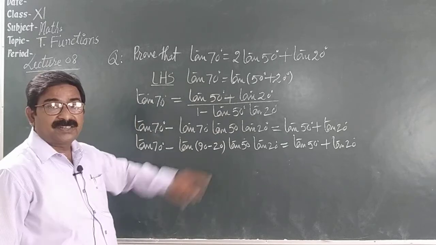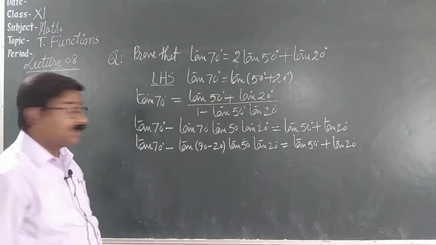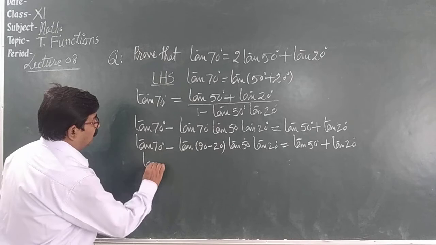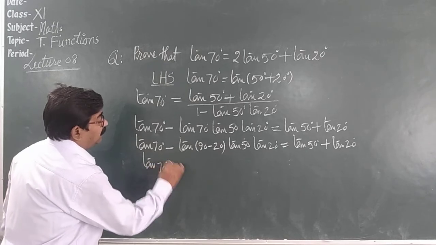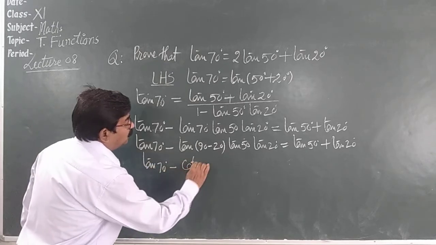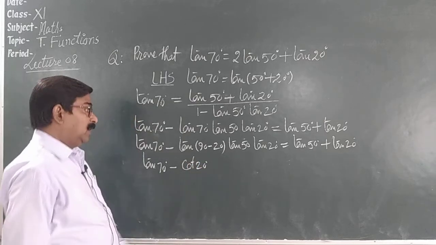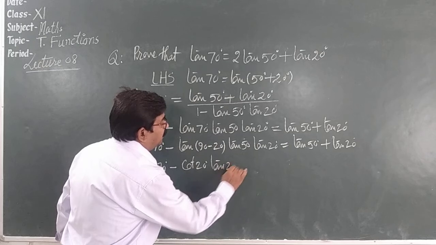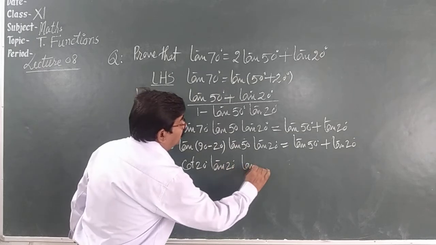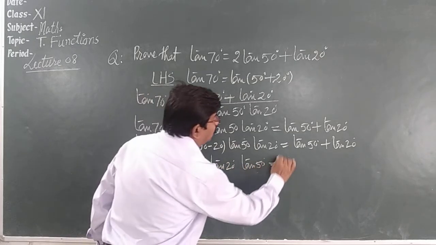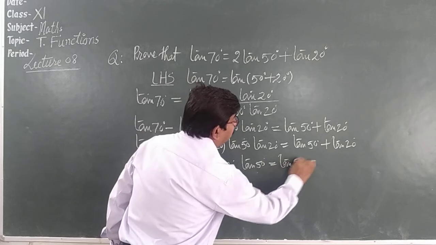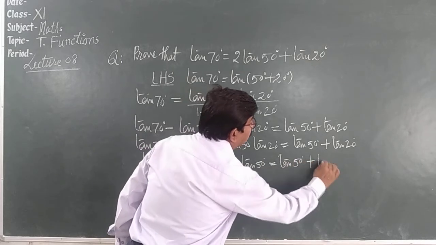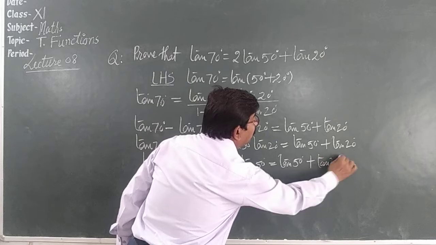Tan 90 minus theta is equal to cot theta. So we have tan 70 degree minus cot 20 degree, and here we have tan 20 degree. Write it together, tan 20 degree. Now tan 50 degree is equal to tan 50 degree plus tan 20 degree.